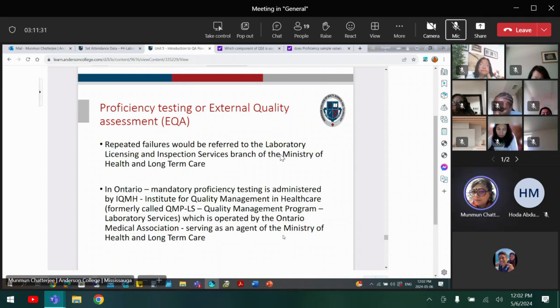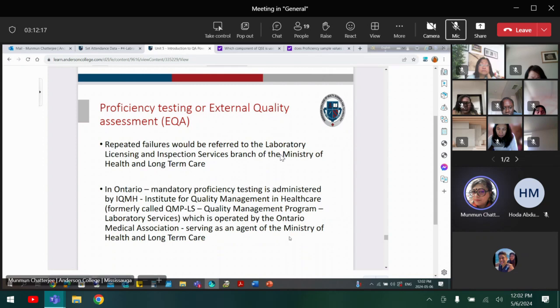Who operates that? The Ontario Medical Association, serving as the agent for the Ministry of Health and Long-Term Care.